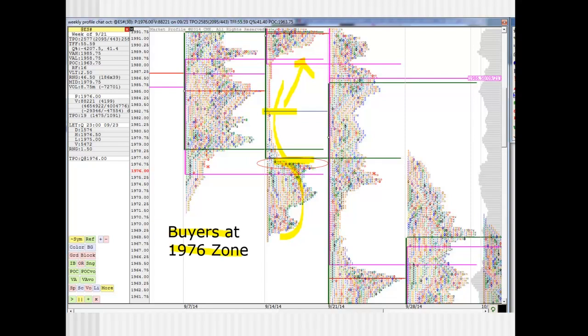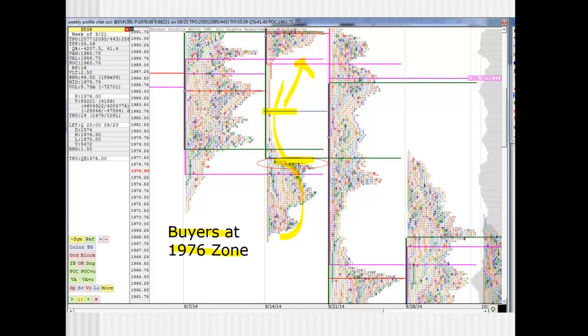And so now we are looking at, and I call it the 1976 zone because I hate to use exact, precise price levels. The market doesn't work that way, especially now that we're looking at weekly or a few days trade. We have to have a little bit more tolerance, and so we have to begin thinking of a zone, and around 1976 could be as much as a point above it or a point below it.